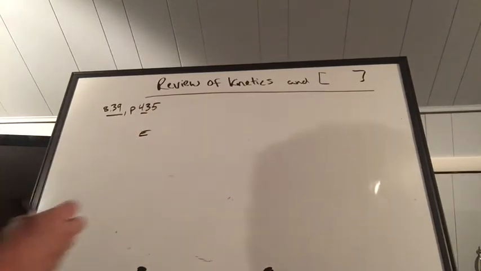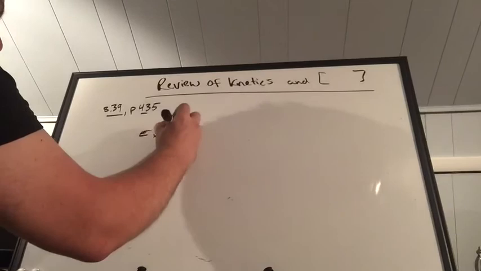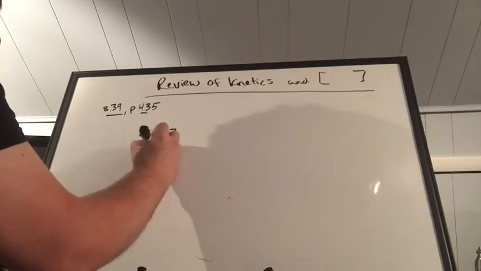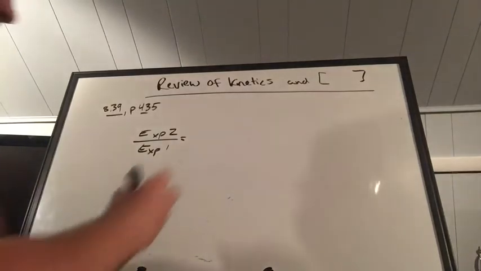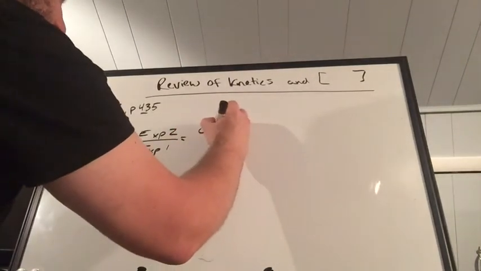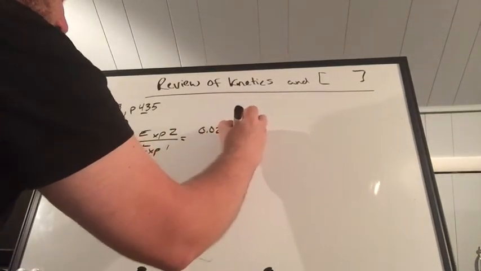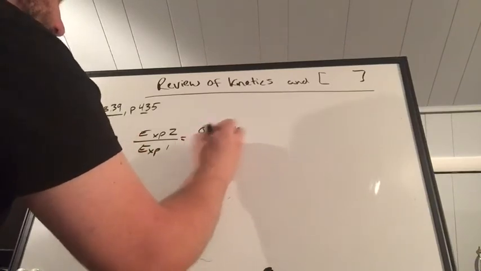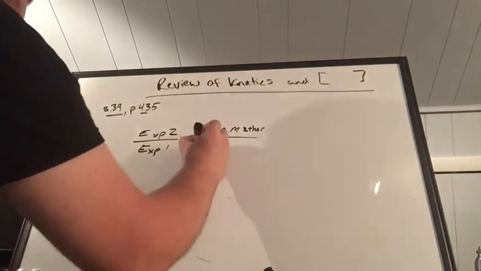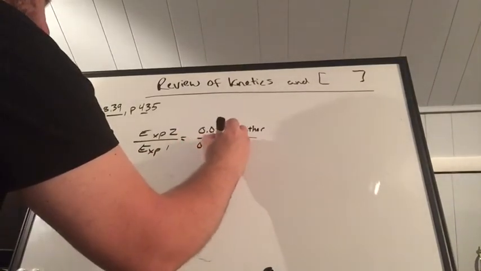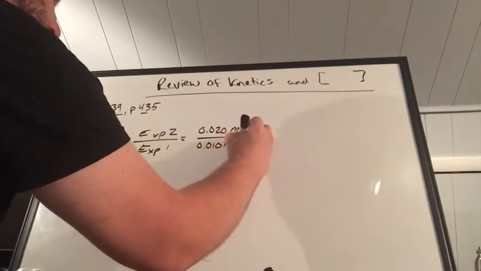So we'll say experiment 2 over experiment 1. That means we have 0.020 molar of our ether substrate over 0.101 molar ether.